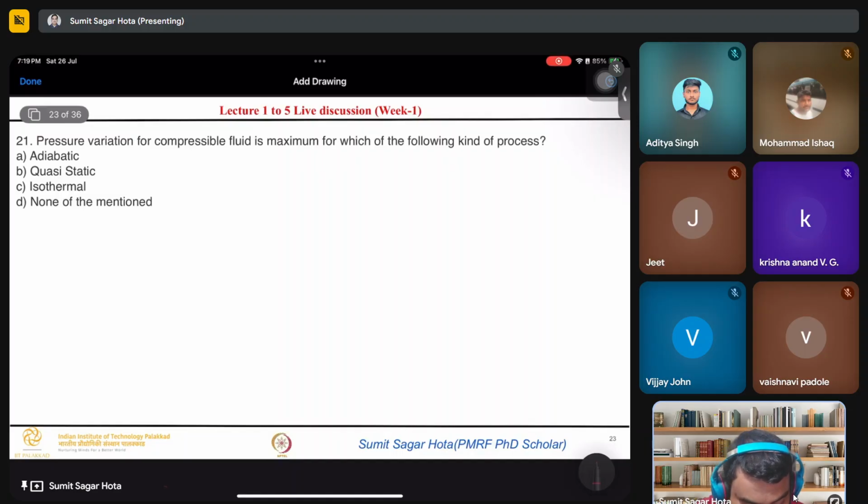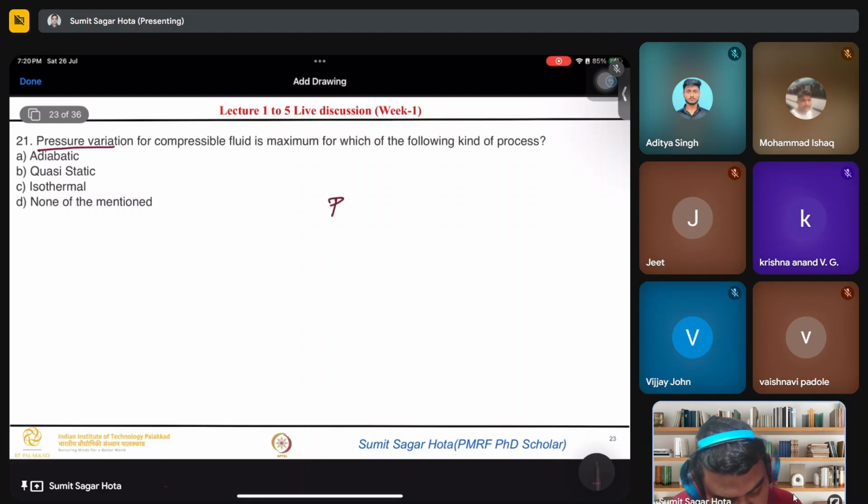See, there are different kinds of processes: adiabatic, quasi-static, isothermal. Here many things we need to note. First, pressure variation.